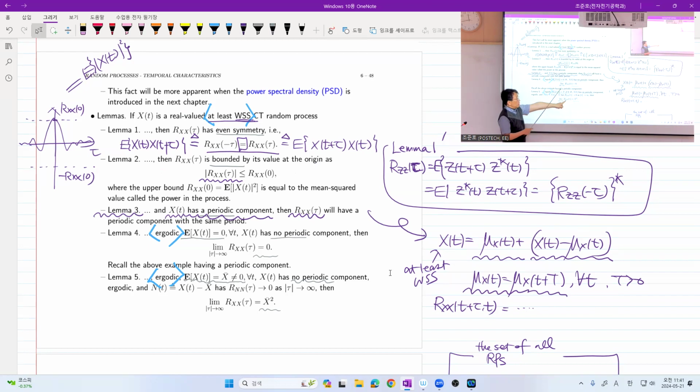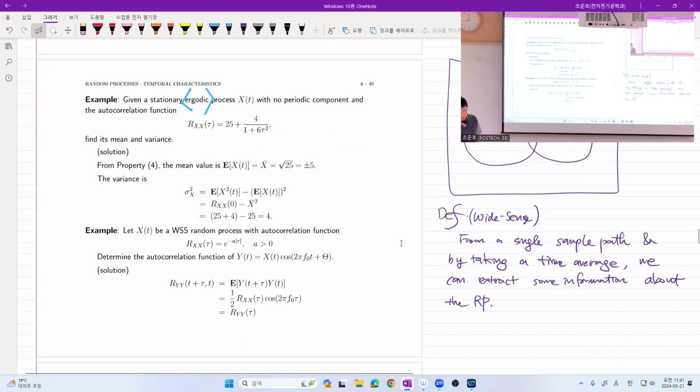Due to this non-zero meanness, your correlation could be non-zero even though the samples are separated far apart. However, that non-zero value reflects the square value of your mean. So here goes an example.